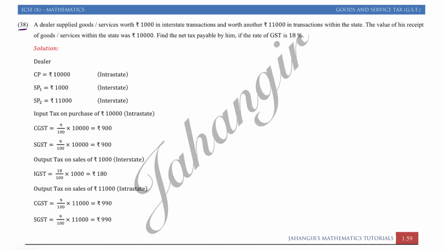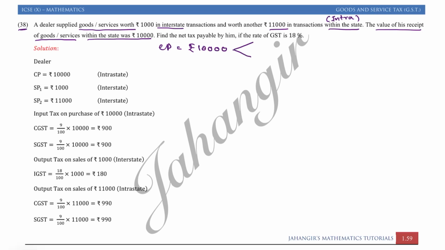Question 38. The dealer supplied goods and services worth rupees 1,000 in an interstate transaction and another worth rupees 11,000 in a transaction within the state, that is intrastate. The value of his receipt of goods and services within the state is 10,000 rupees, meaning buying price CP is equal to rupees 10,000.